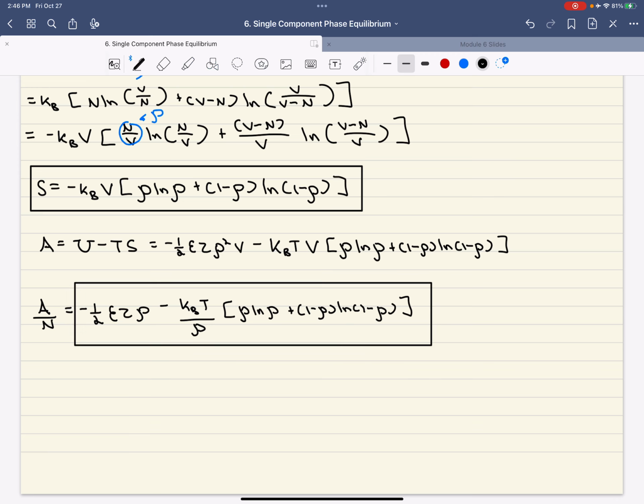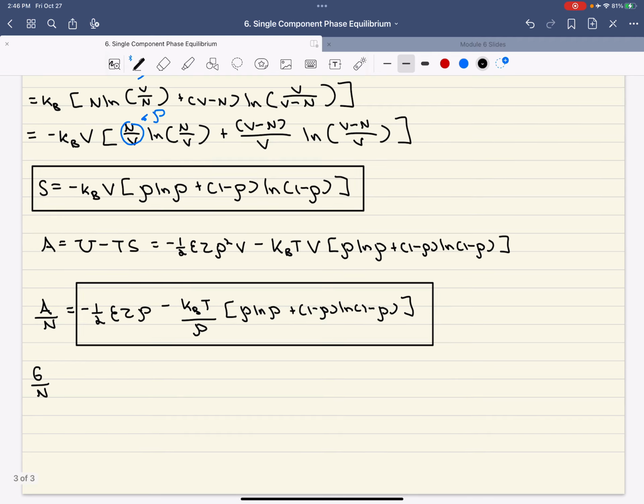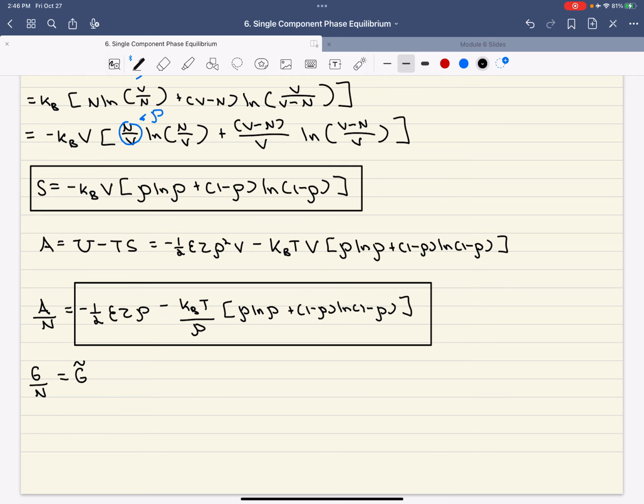In addition to the Helmholtz energy, we could also get the Gibbs energy, and more specifically, the molar Gibbs energy, which is just described by this. And so if we plug that in, we get this expression: kBT divided by rho, ln of rho plus 1 minus rho ln of 1 minus rho.